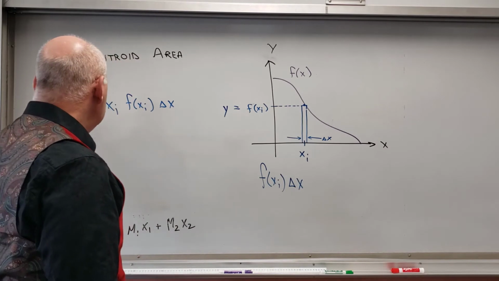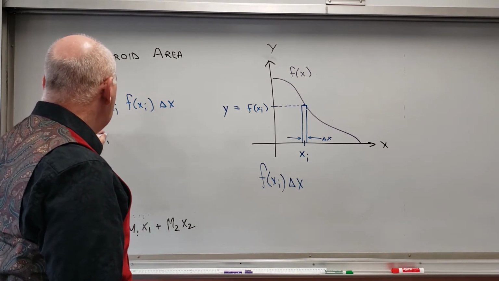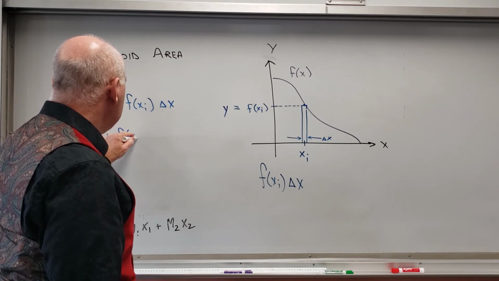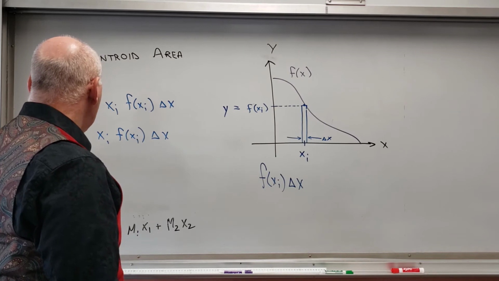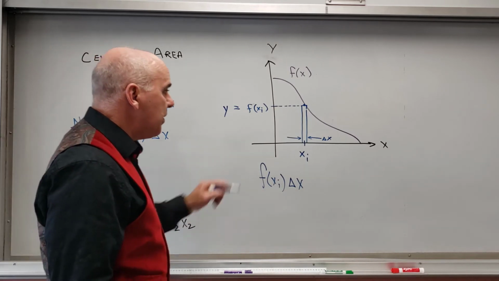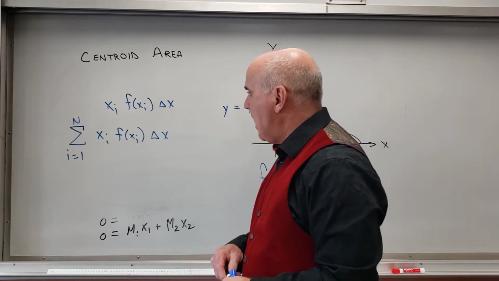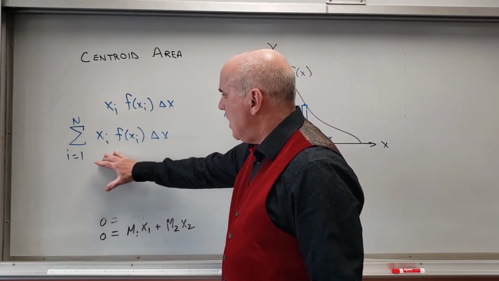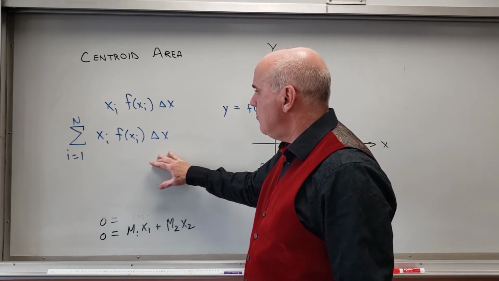And so that's a summation of x sub i, f of x sub i, times delta x, i equals 1 to n, where there are n of them, as n approaches infinity.